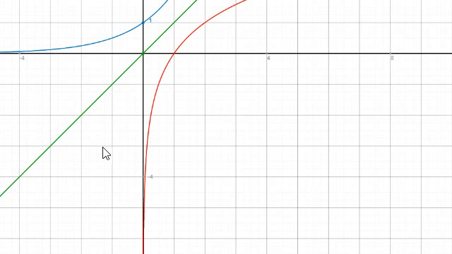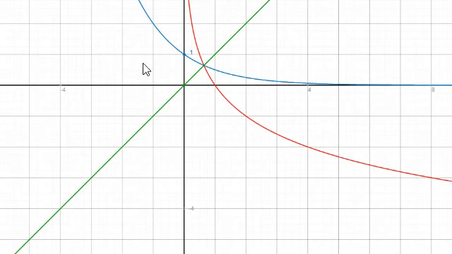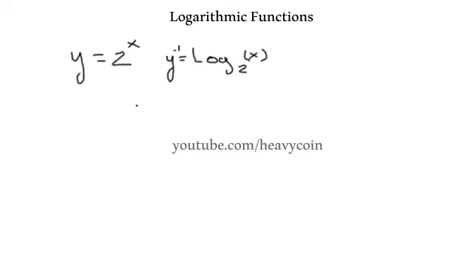Let's take a look at some others. Alright, this blue graph right here is a half raised to the x power, and then this graph here has a base of a half, log base a half of x, as you can see, decreasing. So let me actually write that out so you can see that.